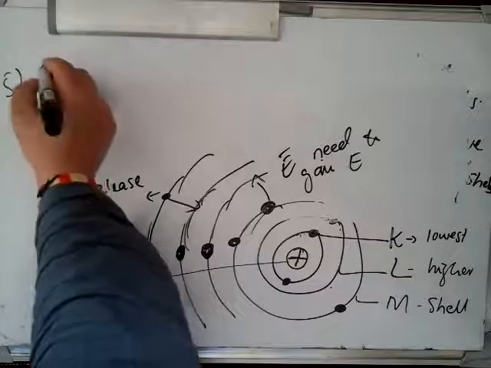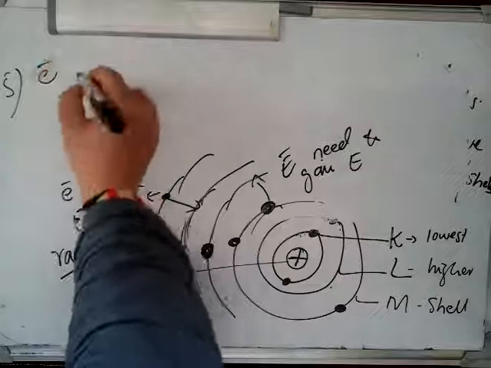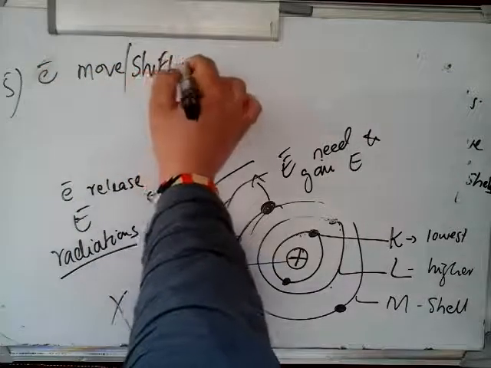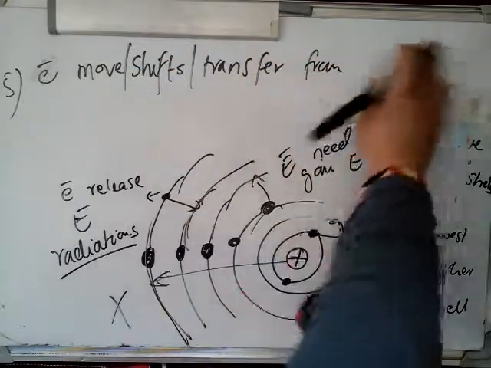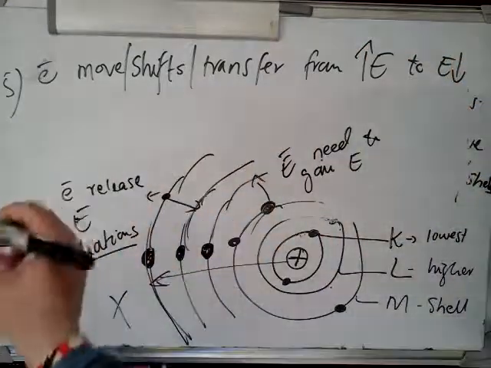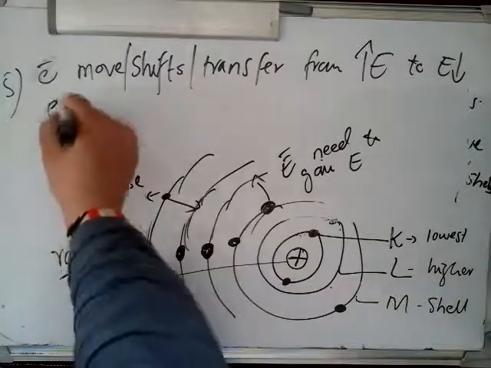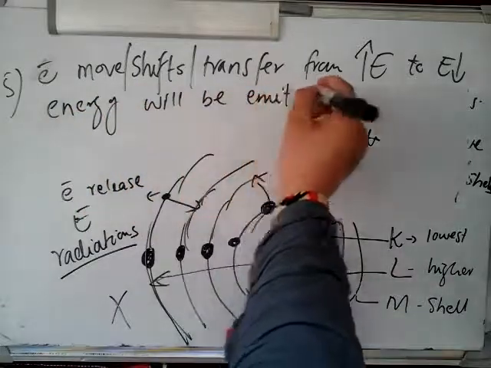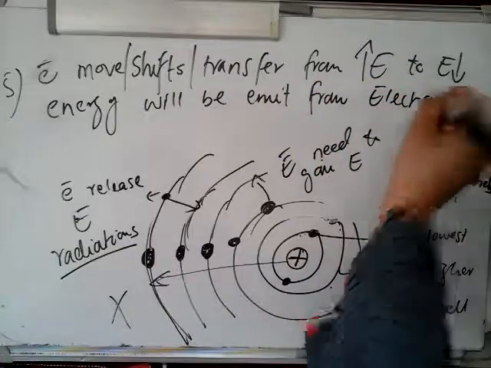So let me write this: if electrons move or shift or transfer from a higher energy level to a lower energy level, what will happen? Energy will be emitted from electrons. Is that clear?